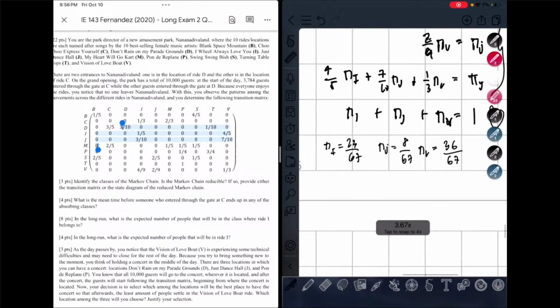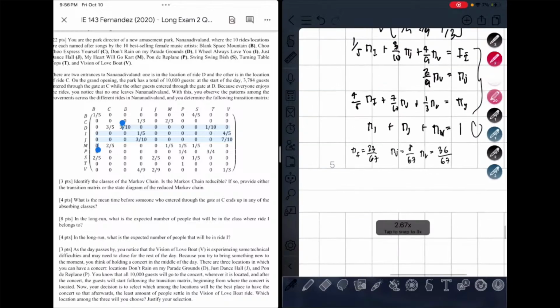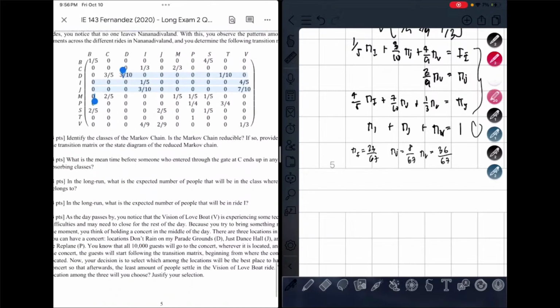Okay. Yep, that adds up. So, we're concerned only with how many guests, in the long run, are at Red Eye.